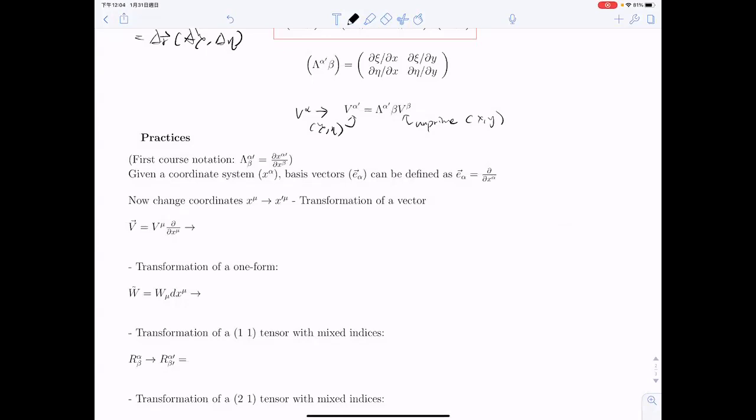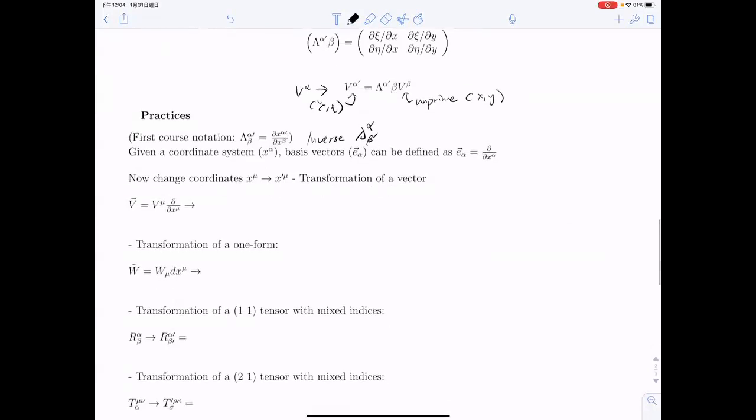In general relativity, we have to learn different kinds of coordinate transformation apart from the Lorentz transformation. So we will use this big lambda, prime beta, and the inverse must be alpha, beta prime.